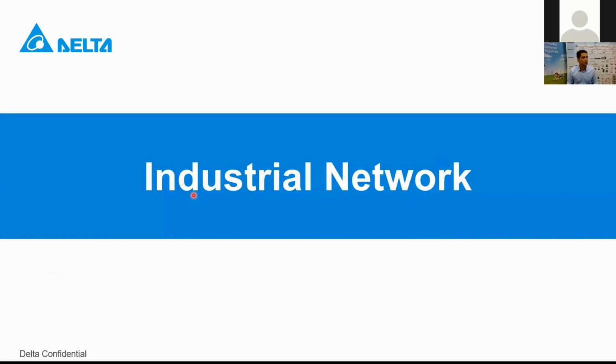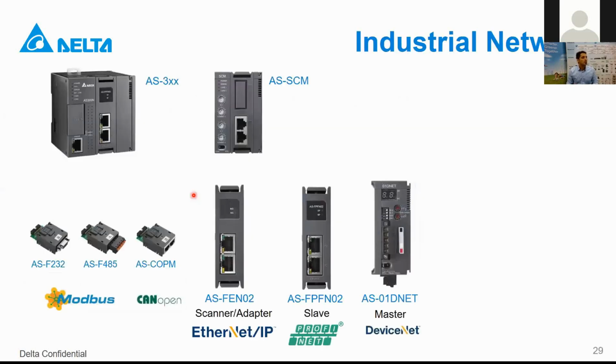Okay, let's have a look at industrial network 2. These are the CPUs which support function cards, and we have a communication module which also supports those function cards. So we can customize the AS300 CPU or the communication card. Here you see we have two serial communication function cards, and this is a CANopen function card, which can be used as a remote IO, as I said, and also as master or slave.